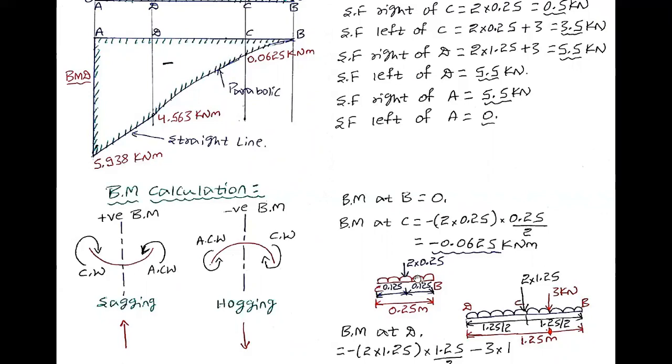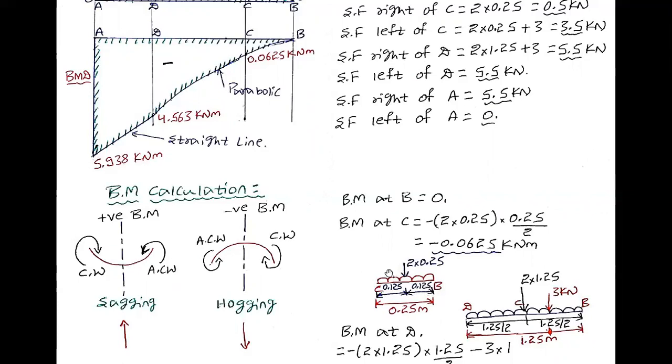So you need to convert the UDL into a point load by multiplying the UDL, 2 kilonewton per meter, by the distance from point B to point C, which is 0.25. So 2 into 0.25, and that will be acting at the CG, the center of the BC portion. From the center, the remaining distance is 0.25 divided by 2, which is 0.125, and the remaining is 0.125.